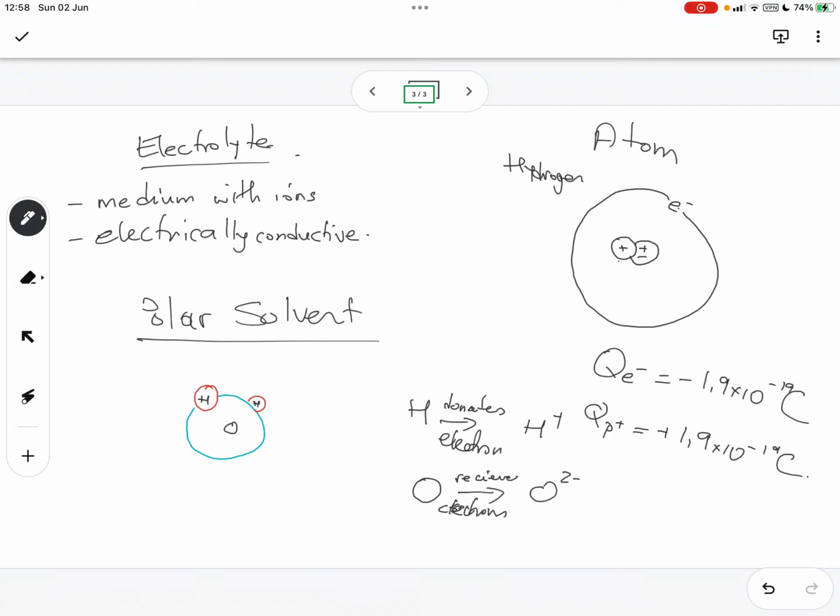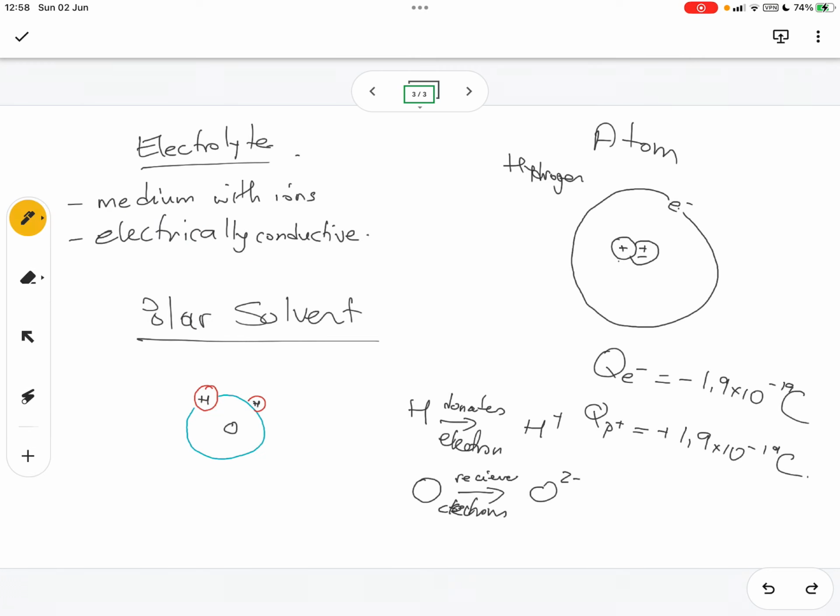Now, hydrogen has only one electron, so it will give up one electron and bond with the other electron there to make an electron pair, and then the other hydrogen will do the same with the other electron if free. That way, you end up having an H2O molecule, which looks like this.